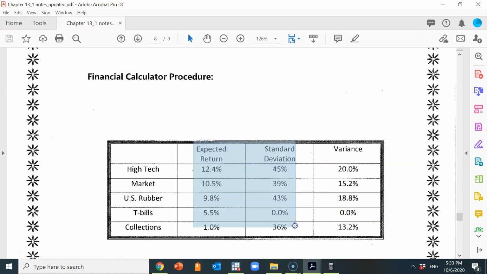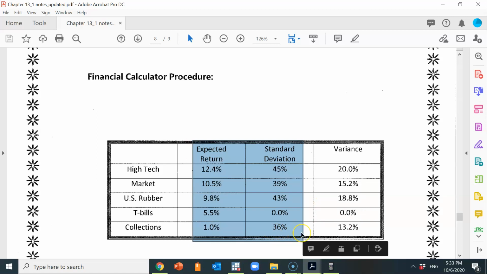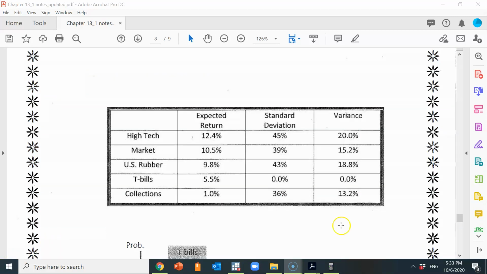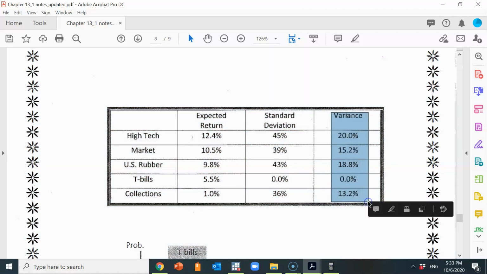You should get the same numbers as here in this graph. It's just that there's a typo here. Okay, this column, the number is bigger, it should be variance. And for this column, the number is smaller and it should be standard deviation.